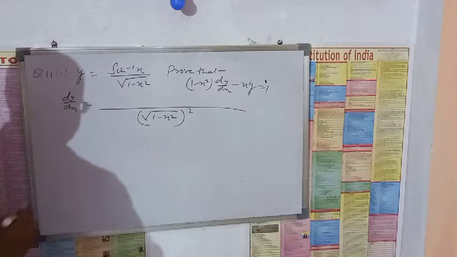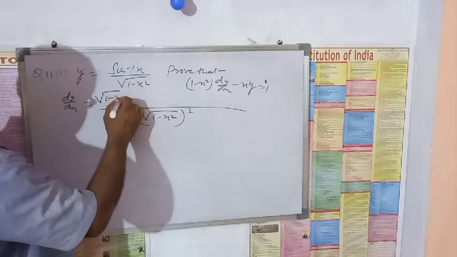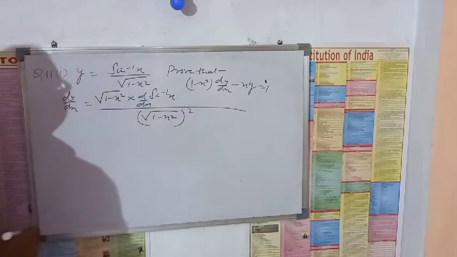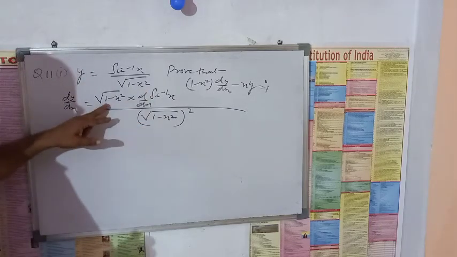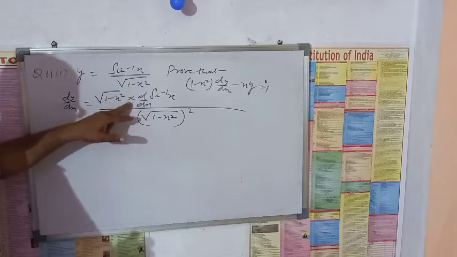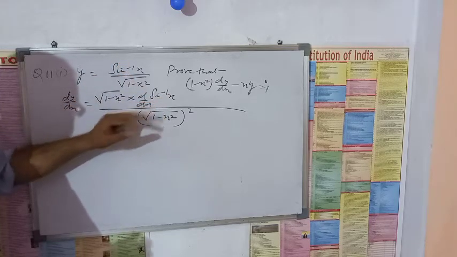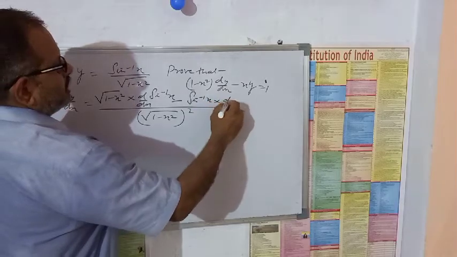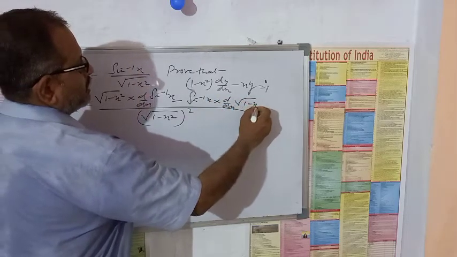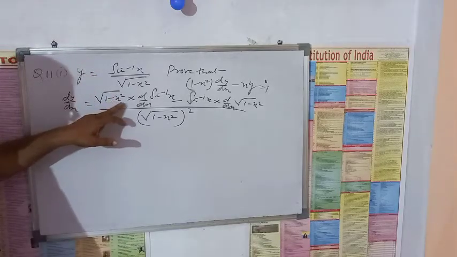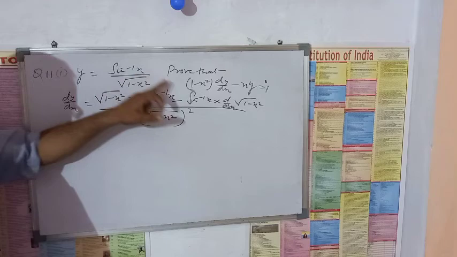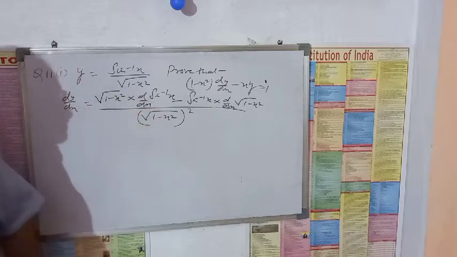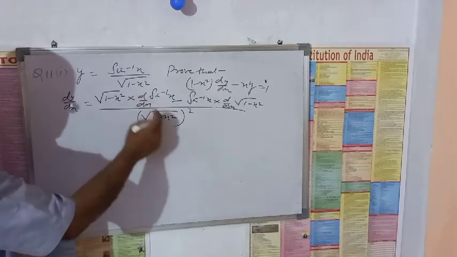In the numerator we have to write denominator into derivative of numerator, minus numerator sin inverse x into derivative of denominator root 1 minus x square, whole upon square of the denominator.